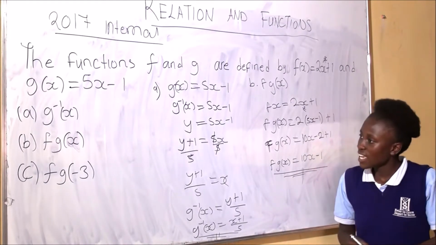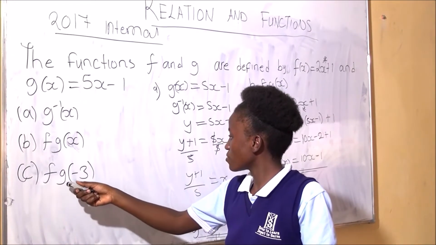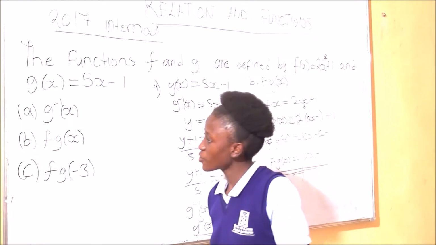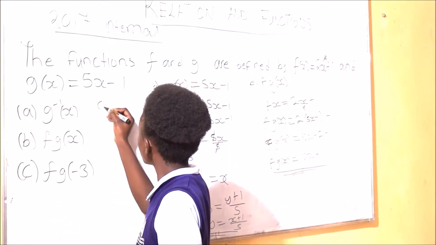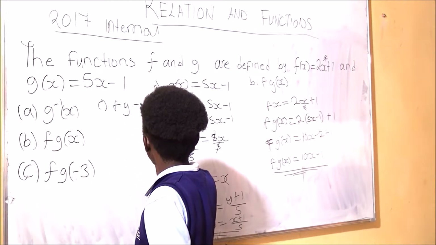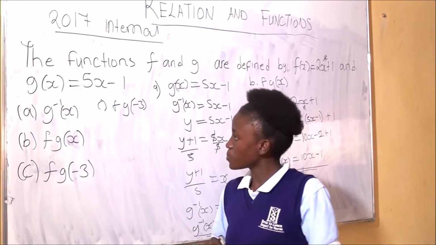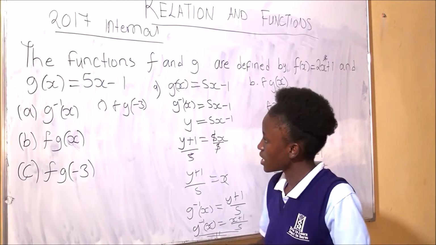Lastly, we are going to find C, which is saying find f of g of negative 3. If you've observed, B and C are connected.